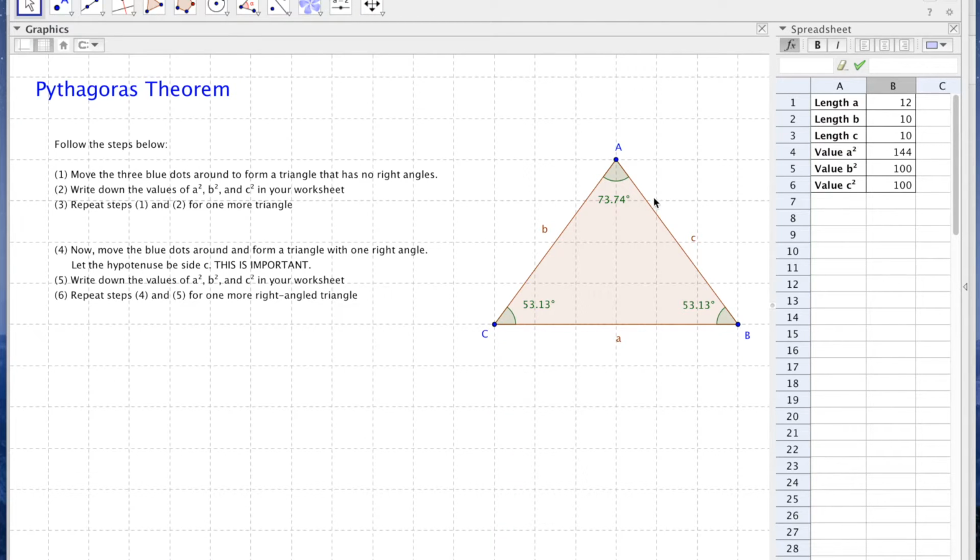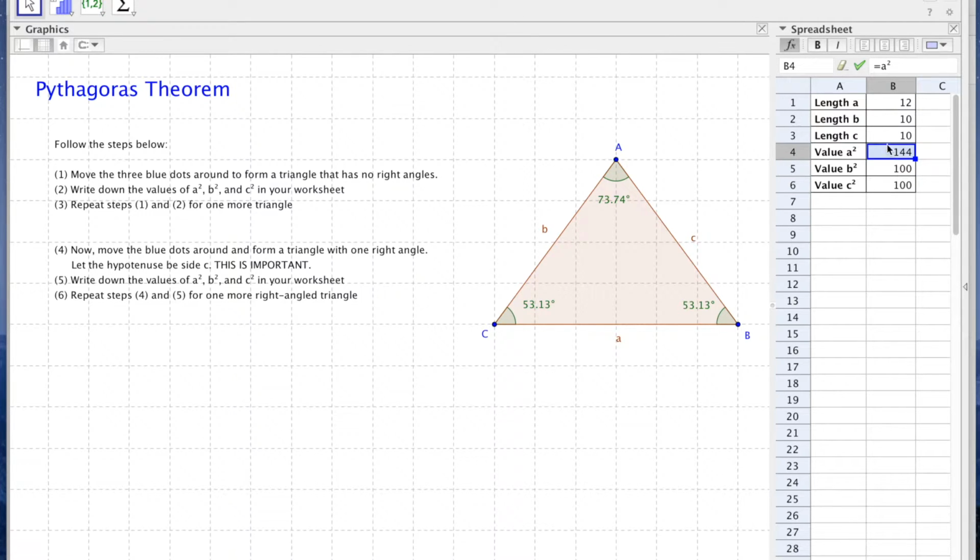Remember, the values here on the side are the corresponding lengths of the triangle right now. So we have a triangle with length A is 12, length B is 10, length C is also 10. The table here also gives us the values of A square, B square, and C square.